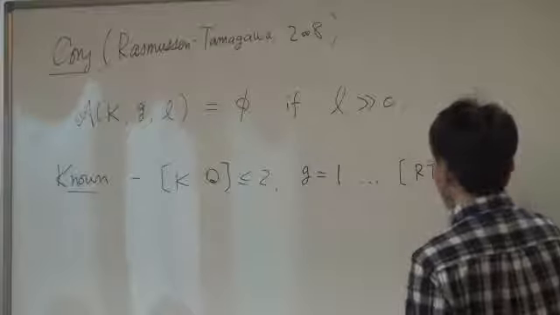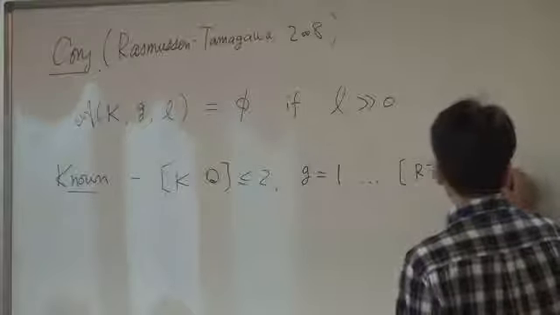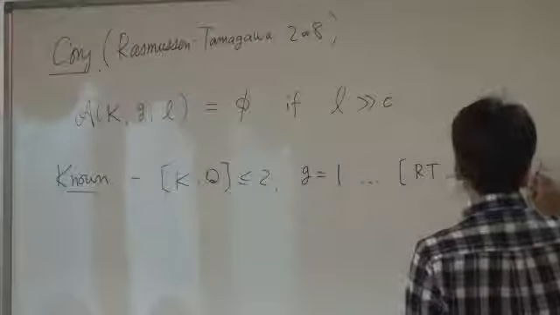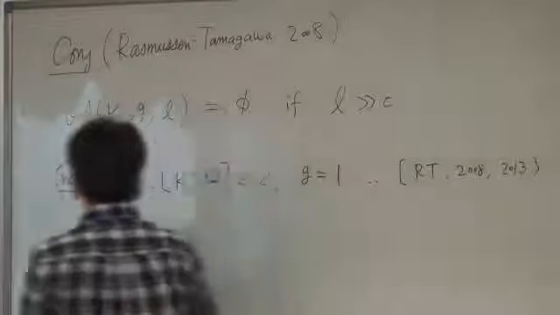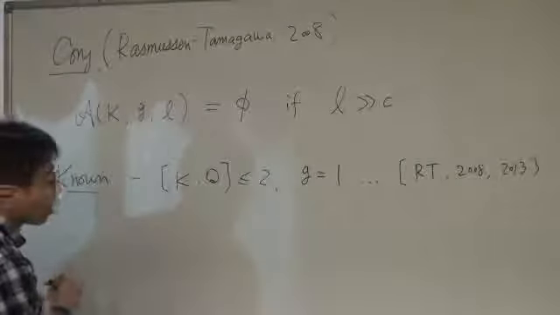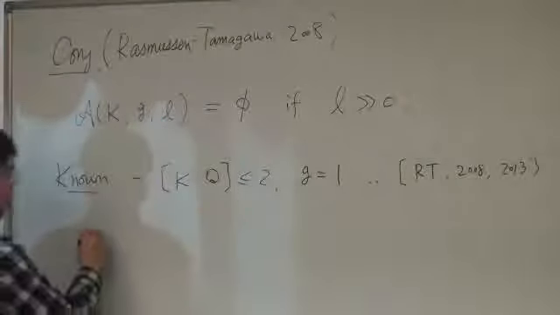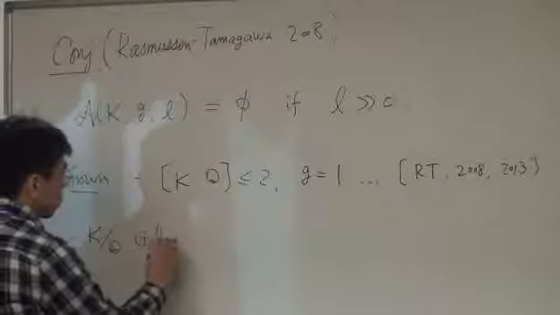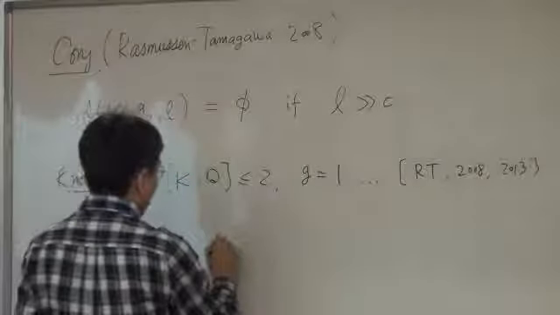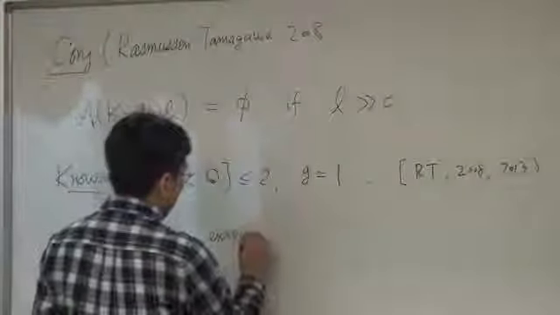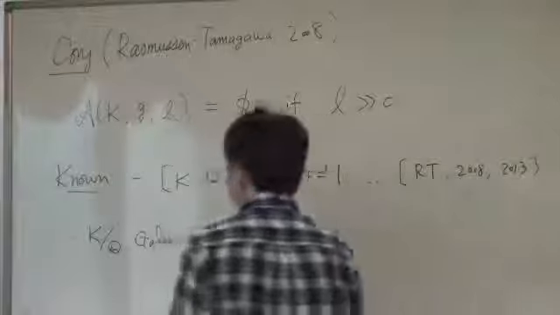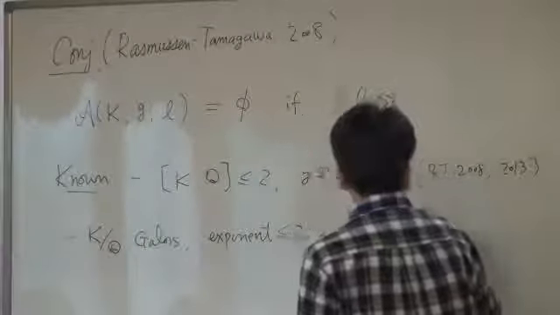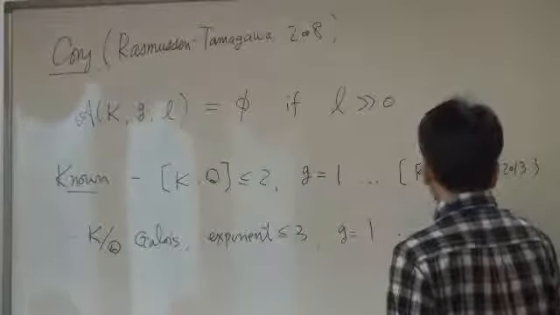And in their recent preprint, they completed some unknown cases: if K is Galois and the exponent is less than or equal to 3 and g equals 1, this is by Rasmussen and Tamagawa.